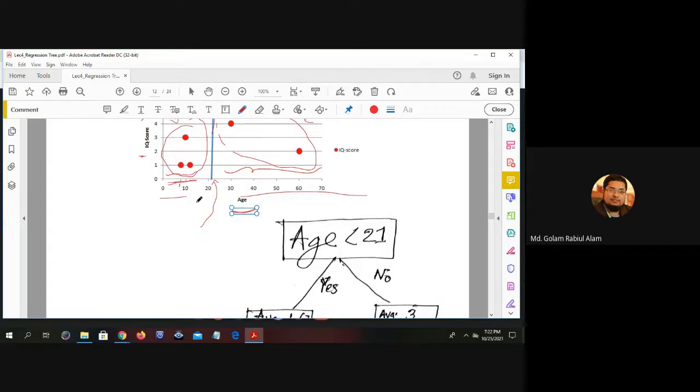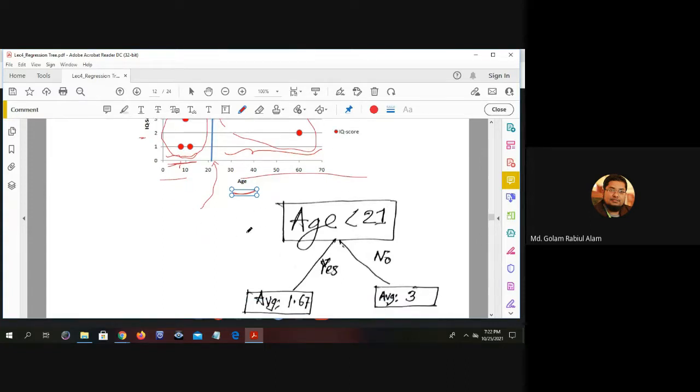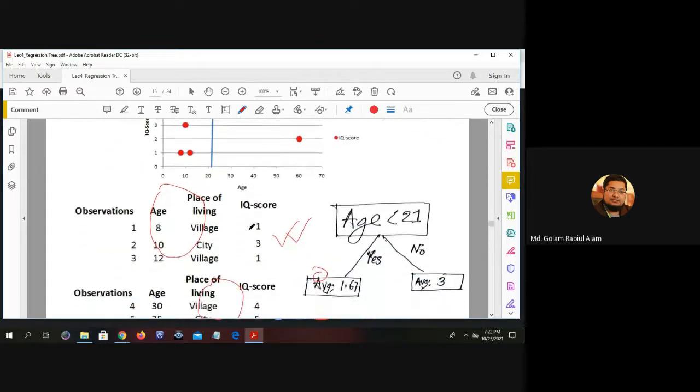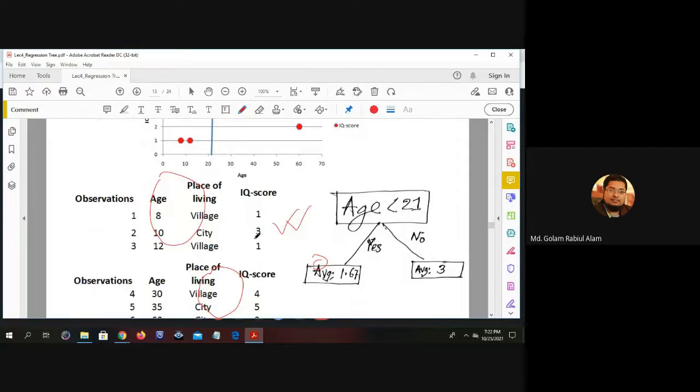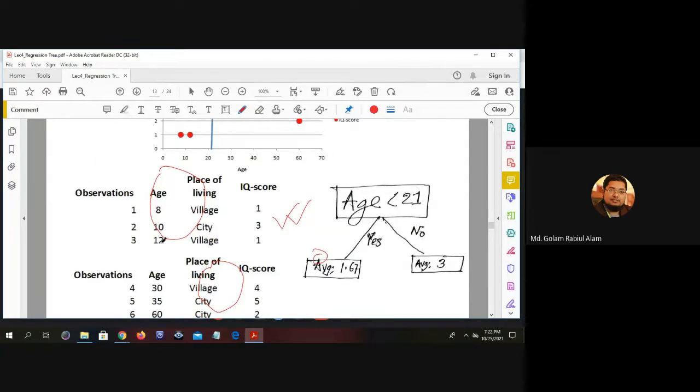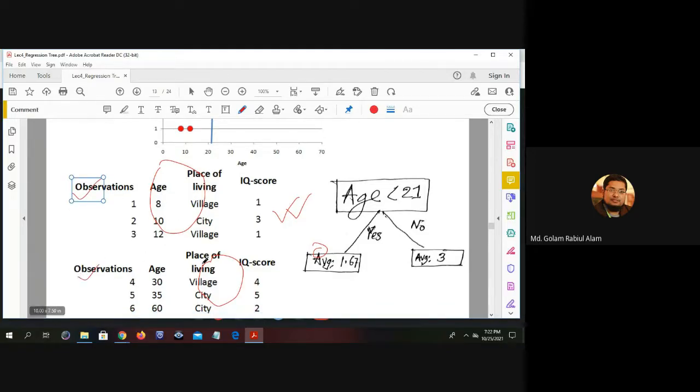So consider them one by one. You have to consider maybe age less than 21 first, and then we will consider age greater than 21. Considering that, our total data set will be divided in this way. Now, age less than 21 is this, and age greater than 21, these are the instances of that.